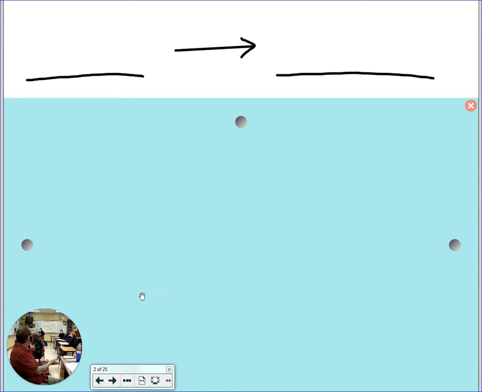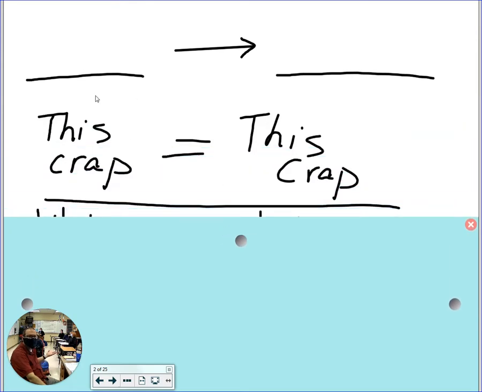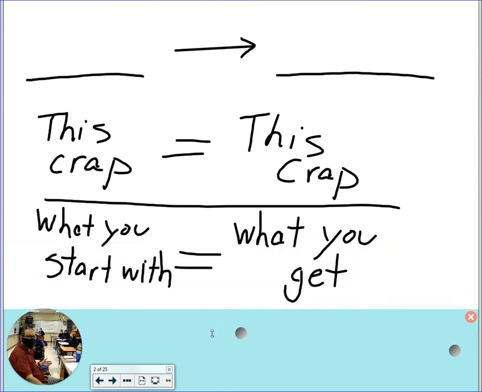It's the same thing for any chemical reaction. In short, whatever stuff you start off with is going to be the same stuff you end up with. What you start with is what you get. It's just going to look a little bit different. Up until now, we've been concerned with examining the reactants and the products themselves just to make sure that those are legit compounds, and then also saying how they're changing.